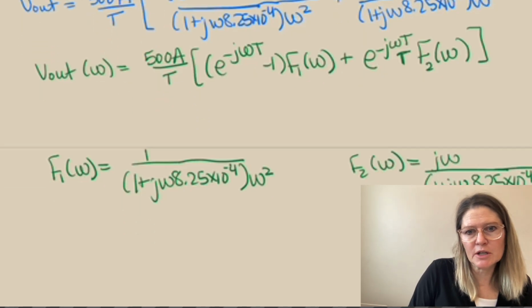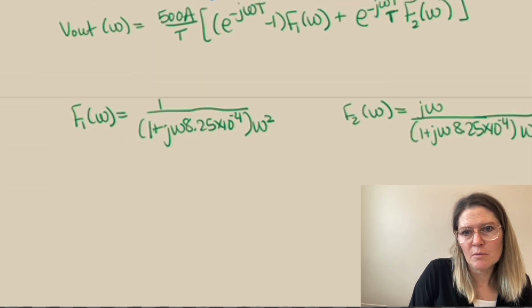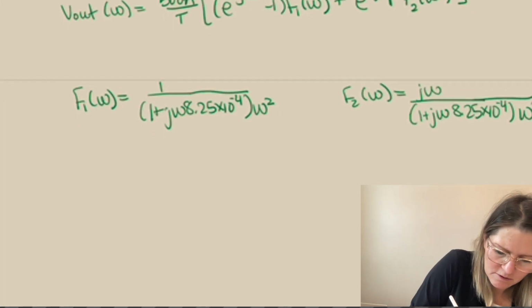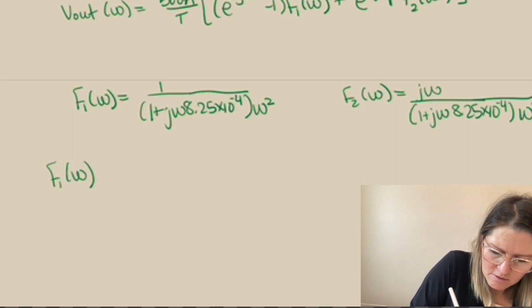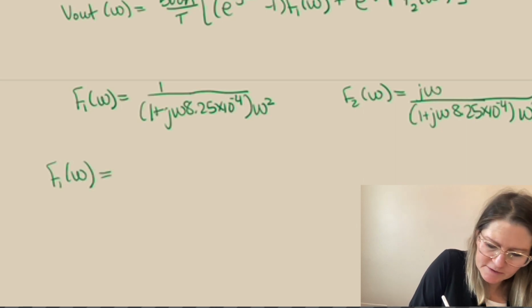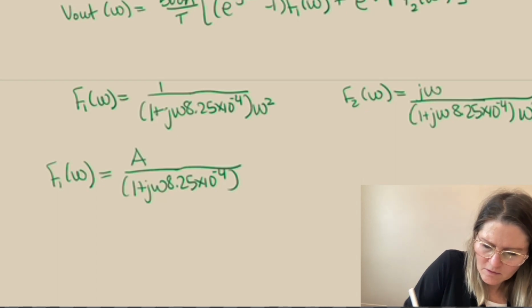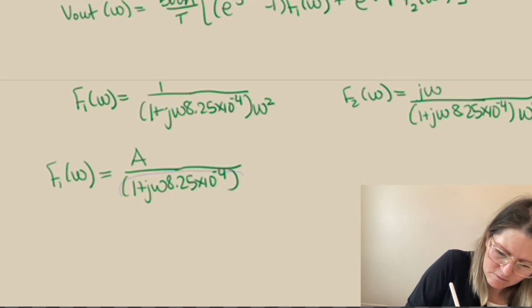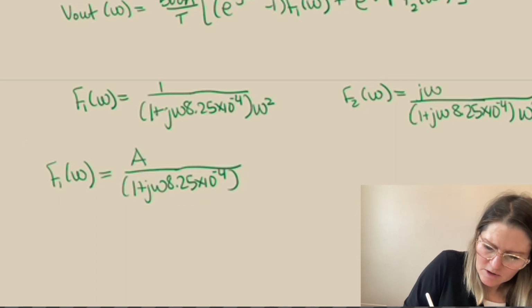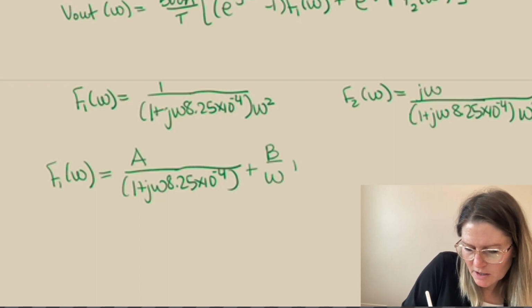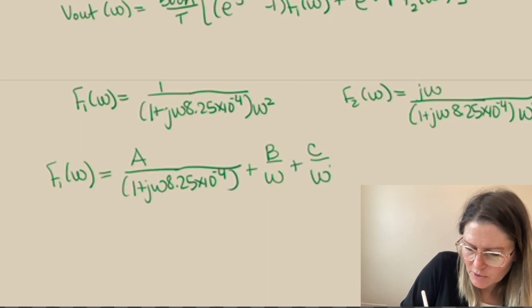From here we need to now do partial fraction expansion. So we'll start with F1. We need to put this into the terms of an A over omega plus B over omega plus C over omega squared.